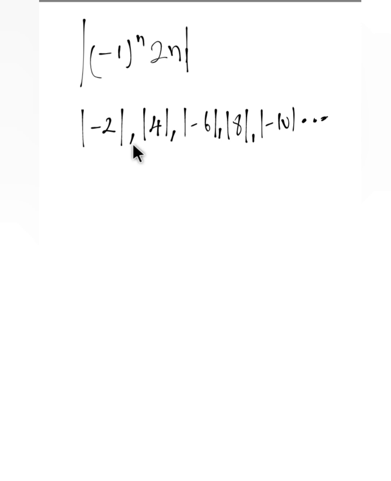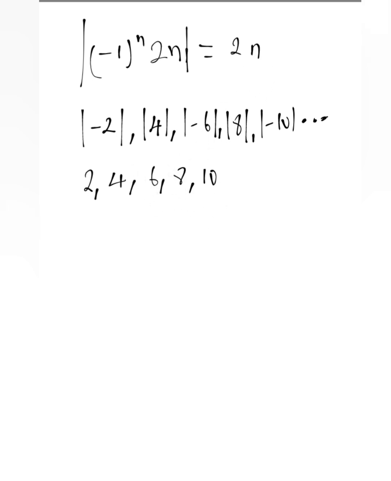Now, the absolute value of minus 2 is 2, absolute value of 4 is 4, absolute value of minus 6 is 6, absolute value of 8 is 8, absolute value of minus 10 is 10. What's the conclusion? With the help of the absolute value, the negative sign disappears. It's 2, 4, 6, 8, and this implies that this sequence is the same thing as 2n, because 2n gives us this: when n is 1, 2; n is 2, 4; n is 3, 6; n is 4, 8; n is 5, 10.